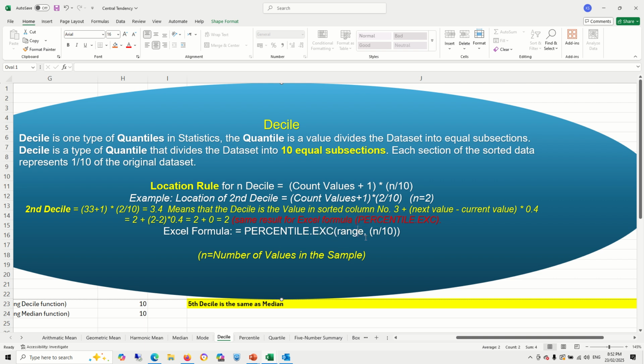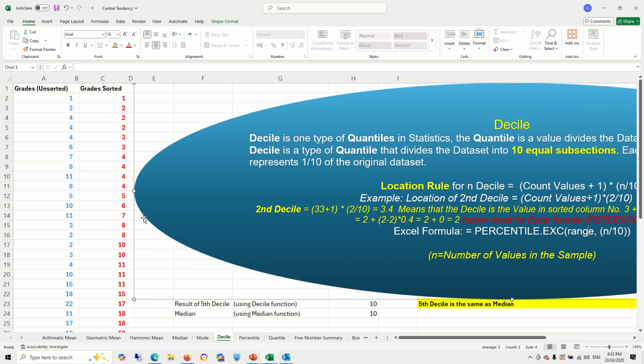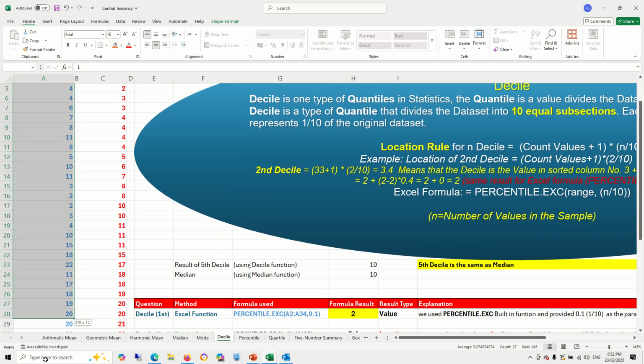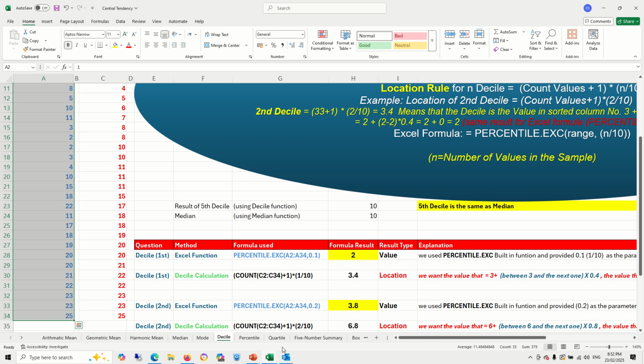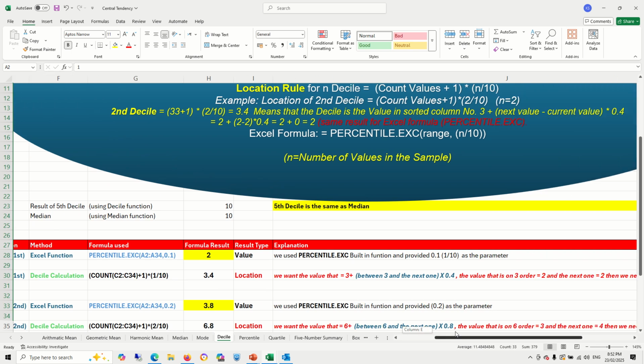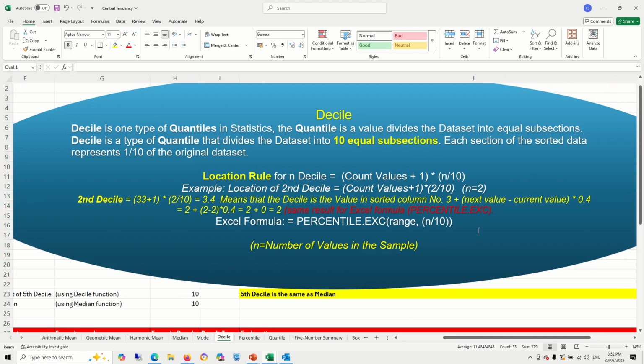Then between brackets, the range. This is the range, which means select all values, and comma. Then you have to type what? n divided by 10. So, for example, if you want the first decile, then comma and 0.1 means 1 divided by 10.